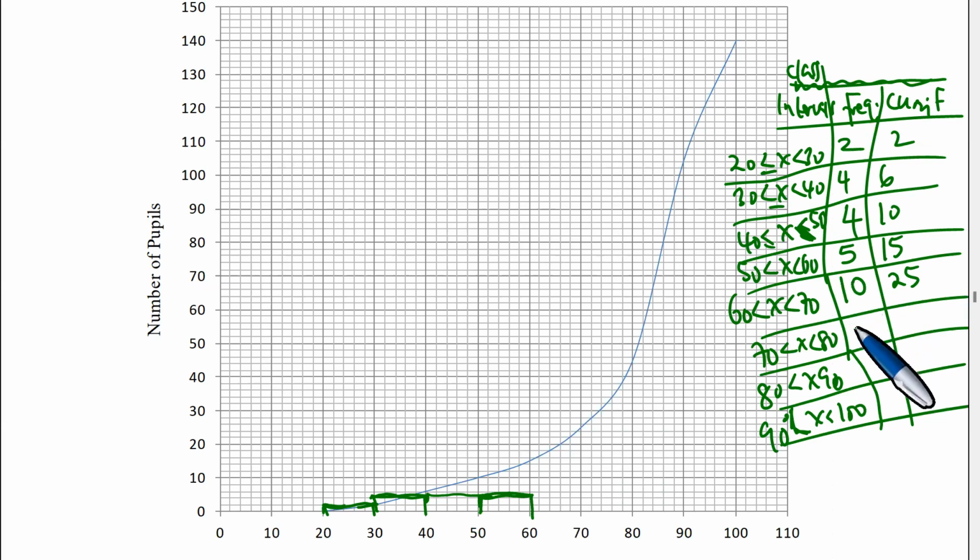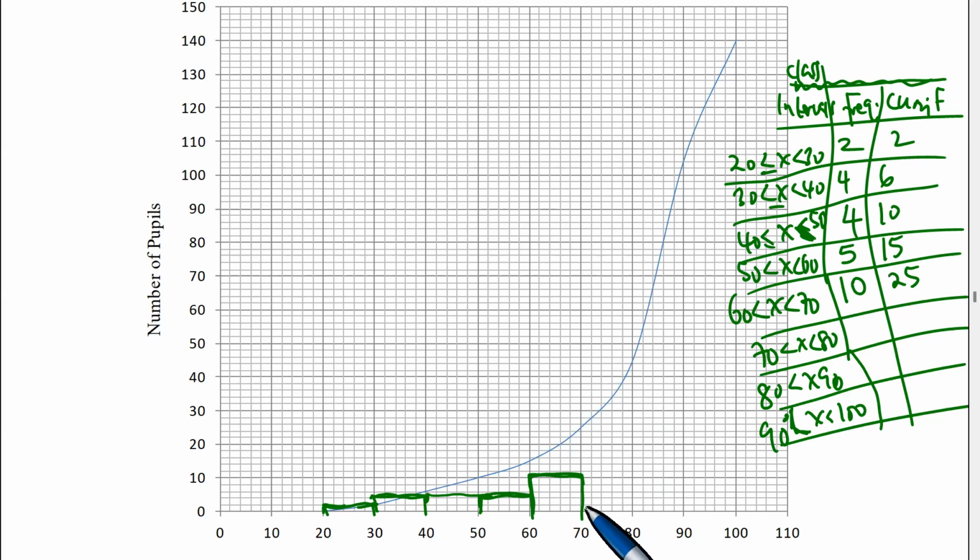By like 10, because if you add these, it's 6, 10, 15, 25. The original frequency was 10. So between 60 and 70, you have 10. You are here at 10.